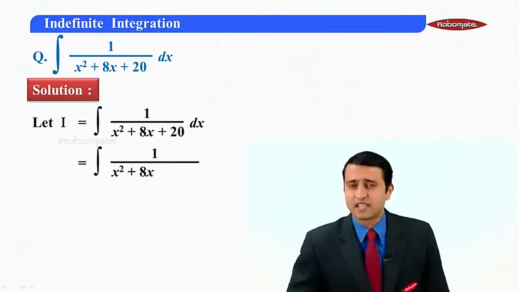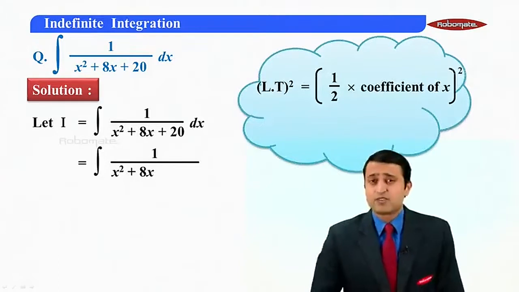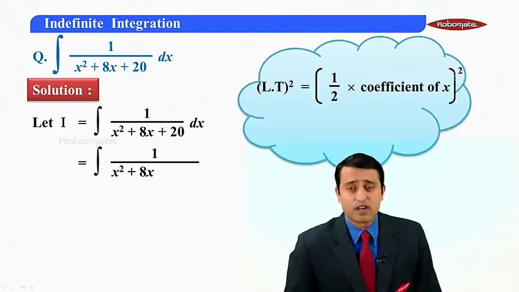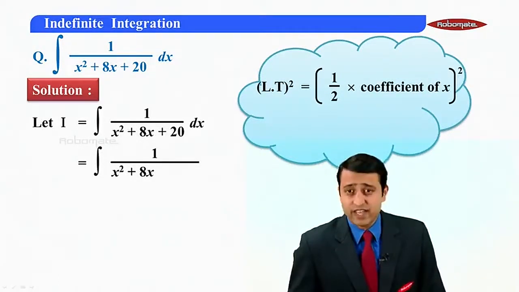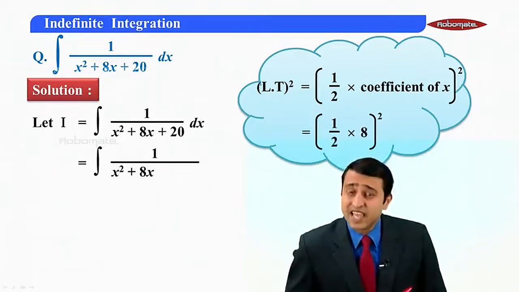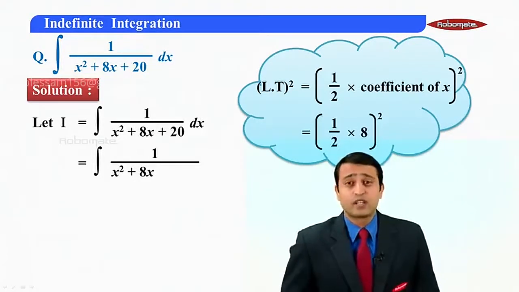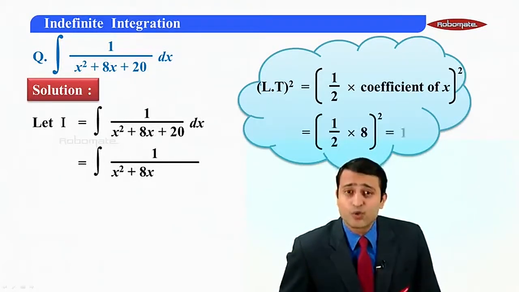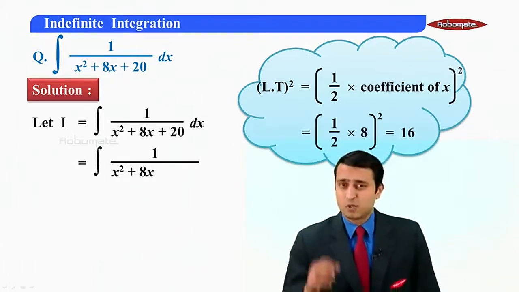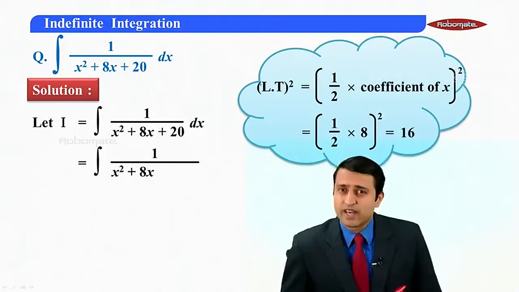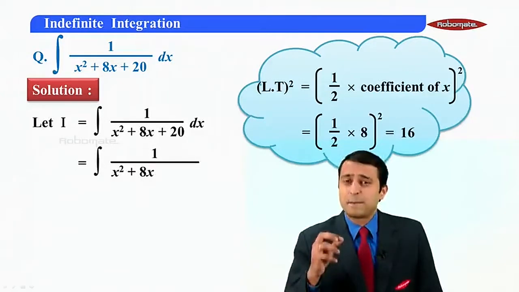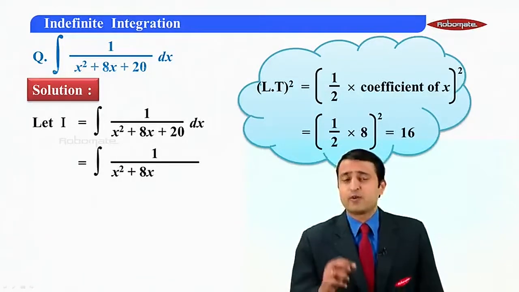Let us understand that calculation. So here, we have seen this formula already, half into coefficient of x. Coefficient of x here is 8. So we'll have half into 8 the whole square. That's 4 square, which is 16. So to convert x square plus 8x to a perfect square, we need to add 16.